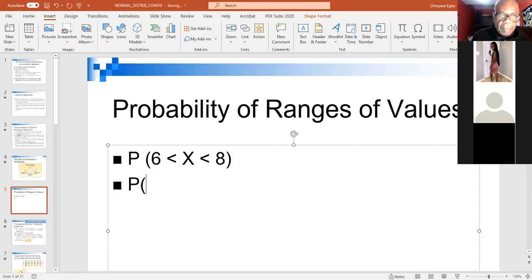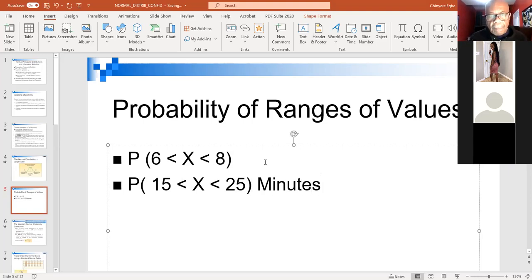What is the travel time to school? You ask yourself, what is the probability that the average student travels between 15 minutes and 25 minutes?